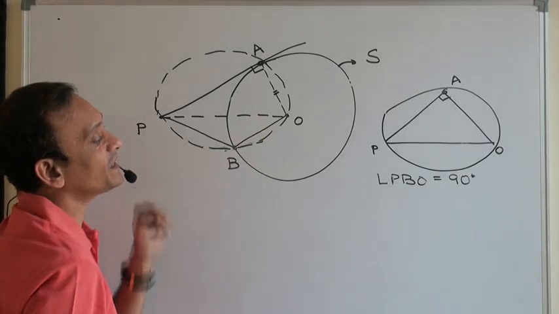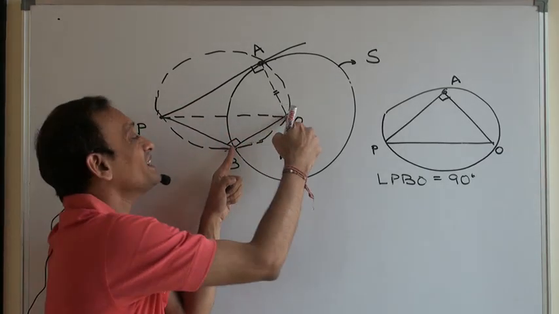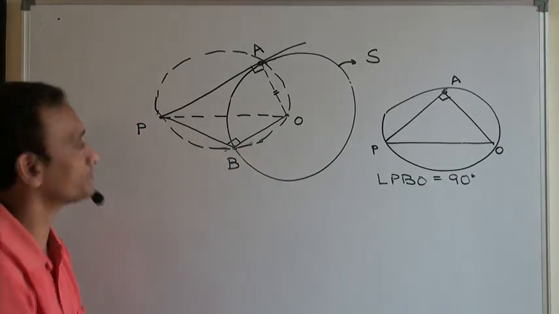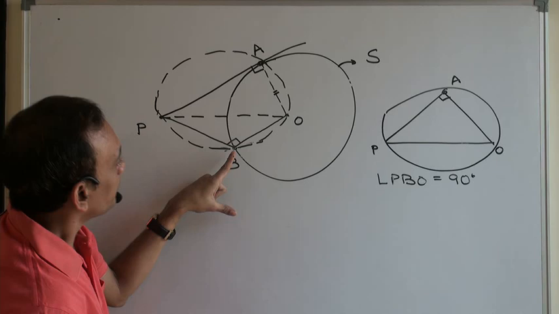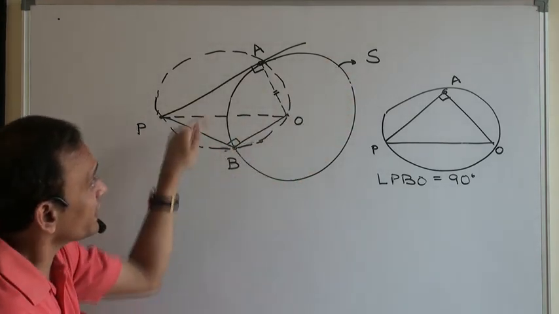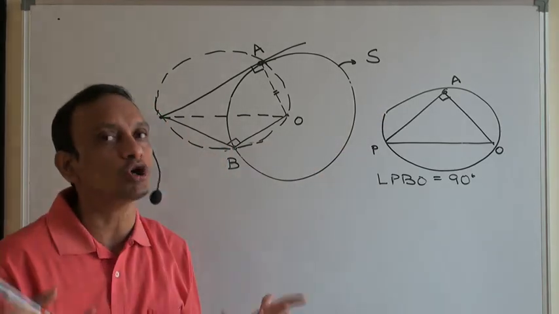So this must be 90 degrees. Angle PBO must be 90 degrees. And OB is the radius at B. Hey, which means what? PB is perpendicular to the radius at B to the circle S. Therefore, PB must be yet another tangent that could be drawn to the circle.